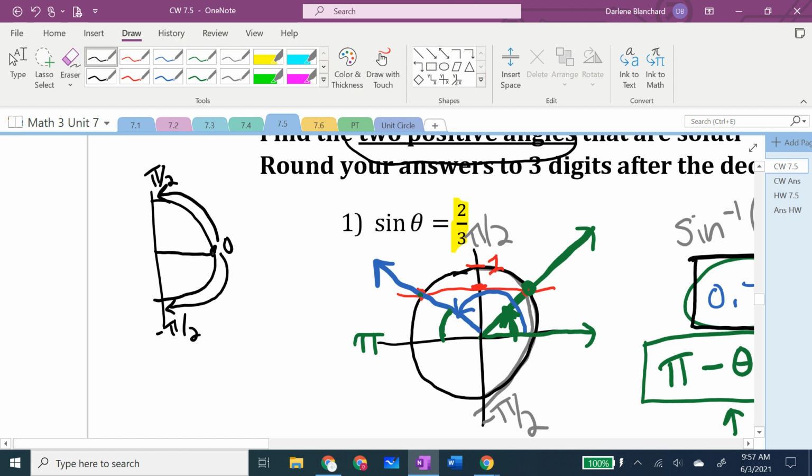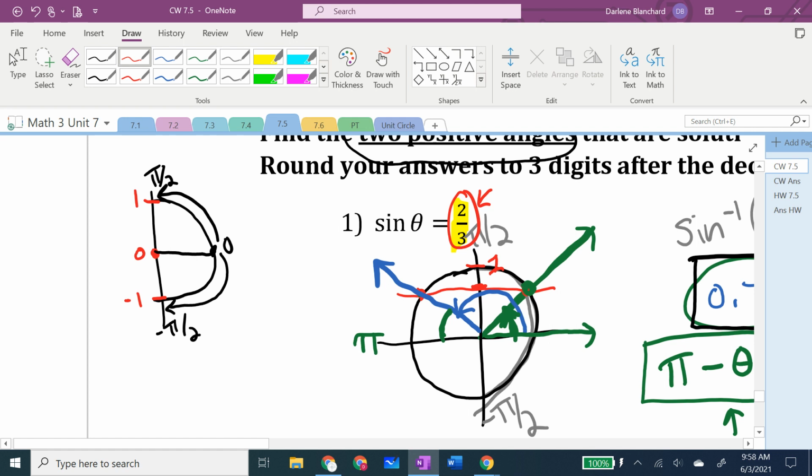I want to point out to you that the y-axis for a unit circle, this is y equals 0, this is y equals 1, this is y equals negative 1. If this number here is larger than 1, there is no solution.